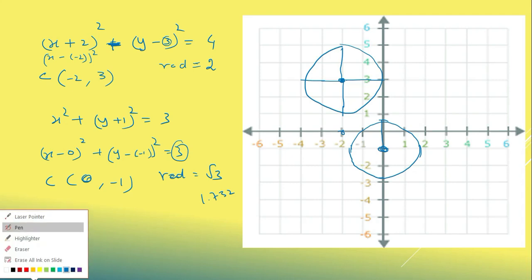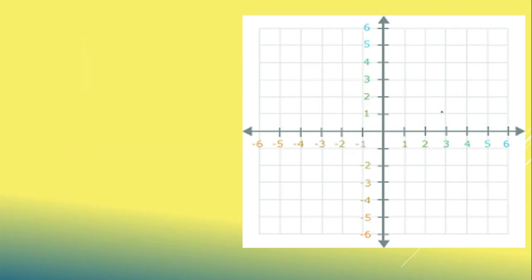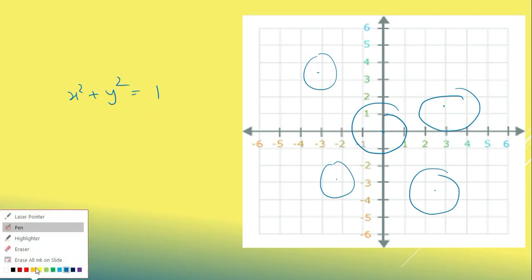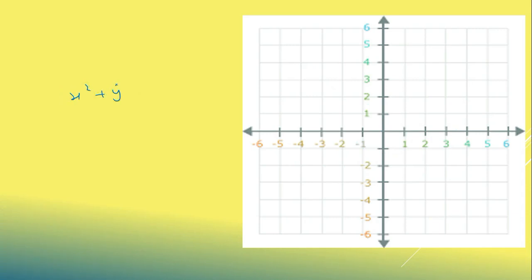So there are different kinds of circles. Either the circle can be centered in the first quadrant, or fourth quadrant, or third quadrant, or second quadrant, or centered at the origin. You know, if I write x square plus y square is 1, what kind of circle is this? (x − 0) whole square, (y − 0) whole square, and 1 square on the right side, whose center is 0 comma 0, the middle point, origin, and radius is equal to 1 unit.